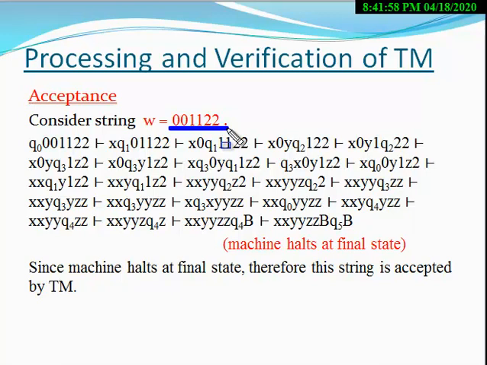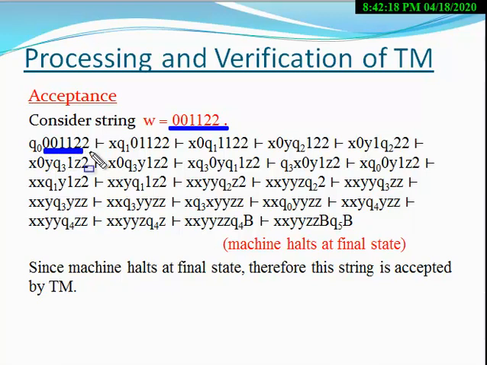Clearly in this string all the numbers are the same. This string must be accepted by the constructed Turing machine. So now you have to start from the initial ID. This is the initial ID, right?